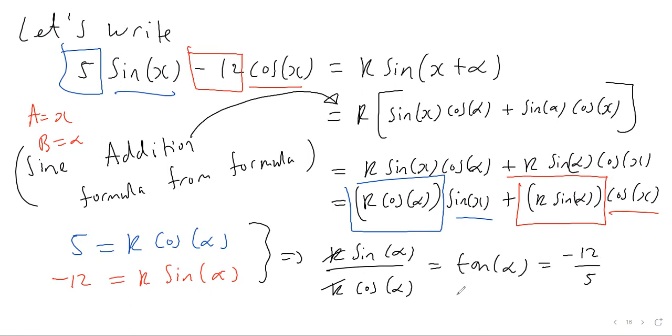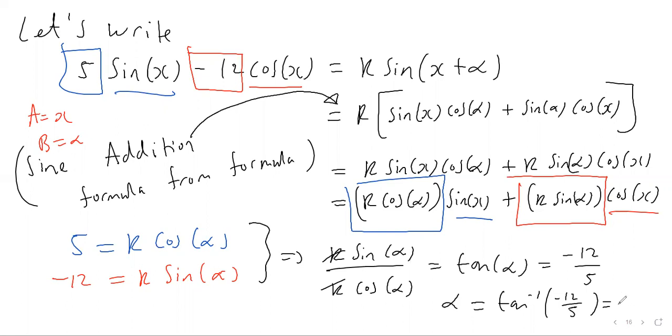So alpha is equal to tan inverse of minus 12 over 5. If we do that on the calculator, tan inverse in radians, make sure we're calculating radians, minus 12 over 5, we will get this result here. Let's just go with 3 significant figures.